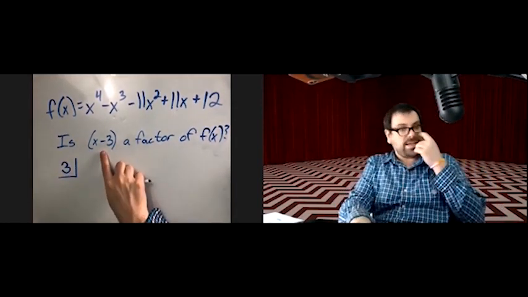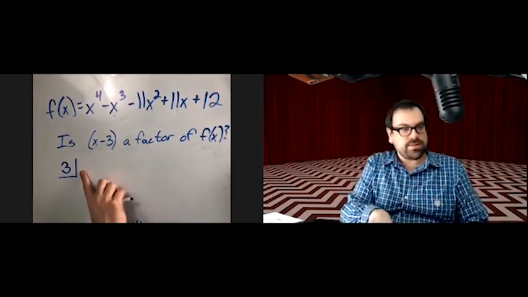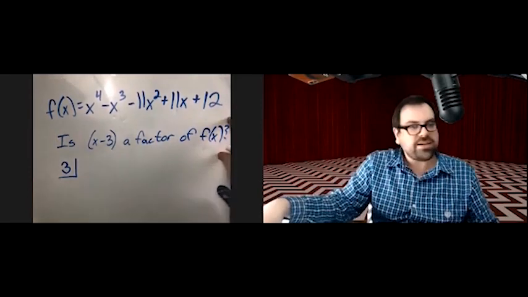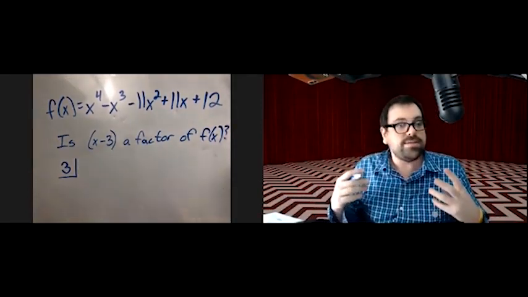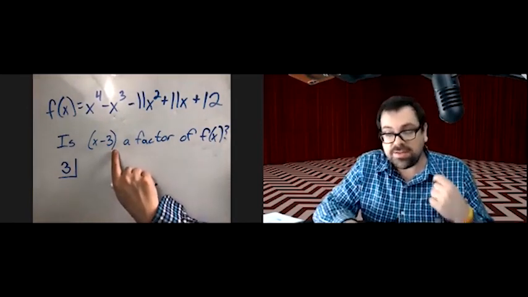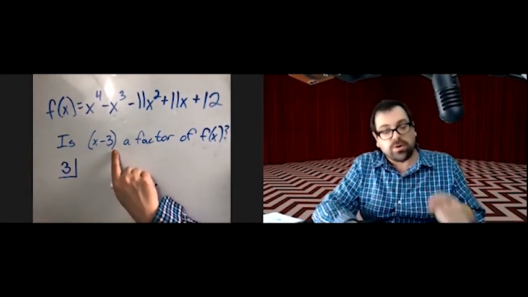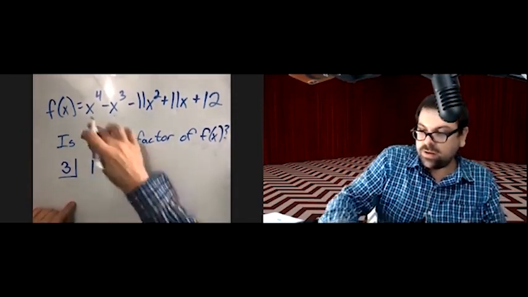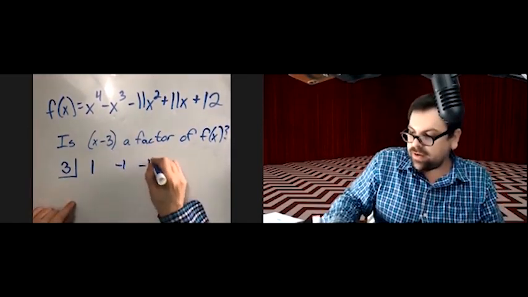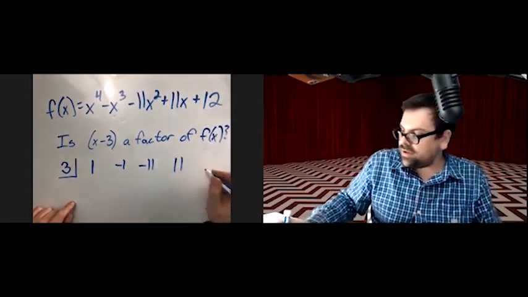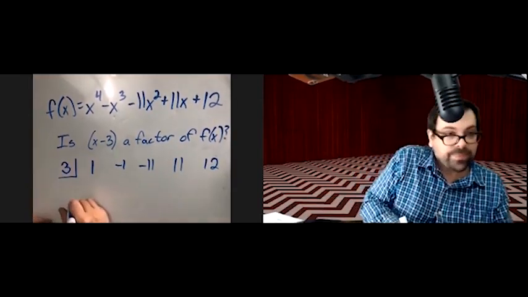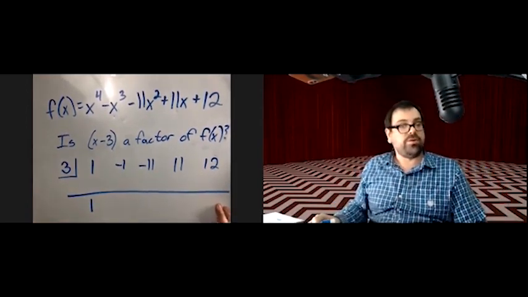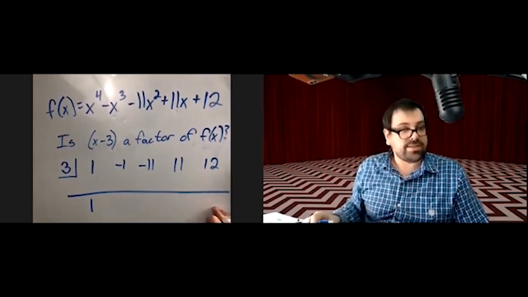The thing we're subtracting goes in the box. So is x minus 3 a factor of f of x? We need to recognize that that means the same thing as asking, is positive 3 a 0? In other words, if we do synthetic division by positive 3, 1, negative 1, negative 11, positive 11, 12, do we get a remainder of 0 or not? If we do, then it's a factor. If not, then it's not.